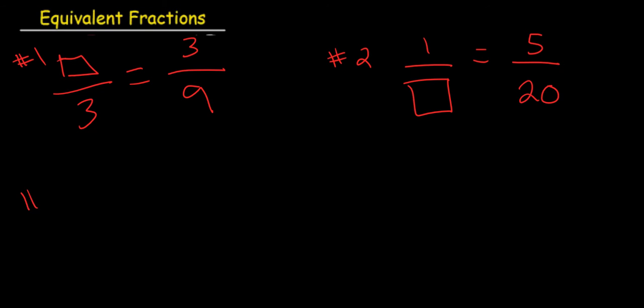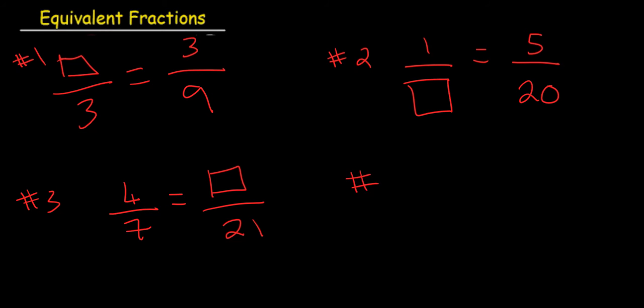Let's do 4 over 7 equals something over 21. Okay, off you go. Pause the video and see if you can find the missing values.